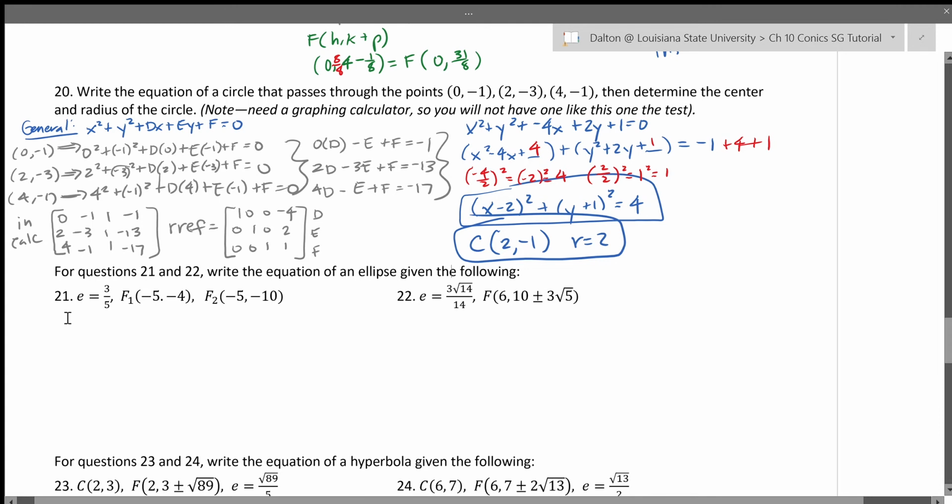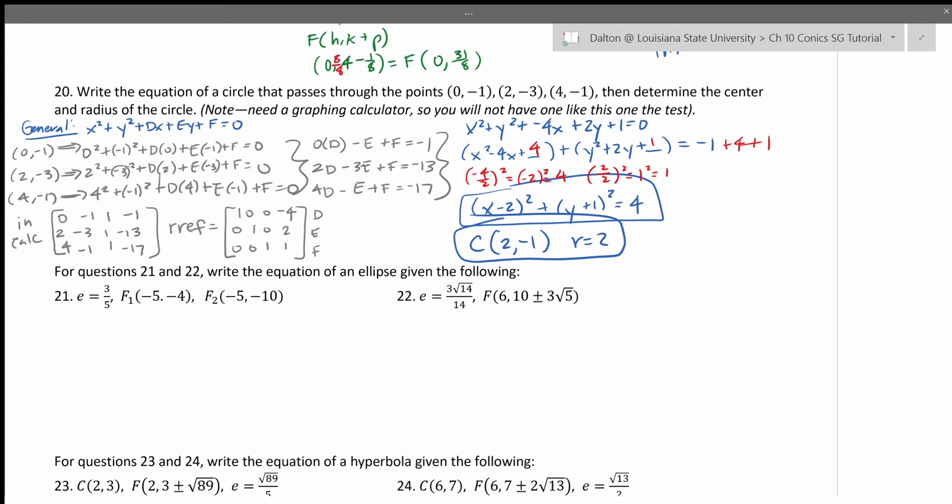Okay, here's how. First of all, it's good to get an idea of the locations of these foci so that we understand the shape of our ellipse and whether the x squared term or the y squared term should come first.